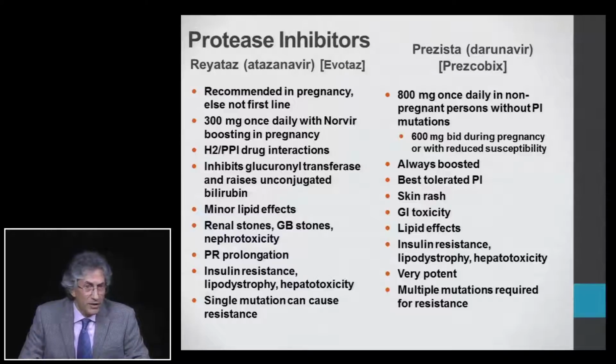It does have interactions with antacid therapy, PPIs, and H2 blockers, so there's some issues about dosing and timing of medications if someone is taking ranitidine or a proton pump inhibitor. A common toxicity is that it inhibits glucuronyl transferase, so it raises the unconjugated bilirubin.